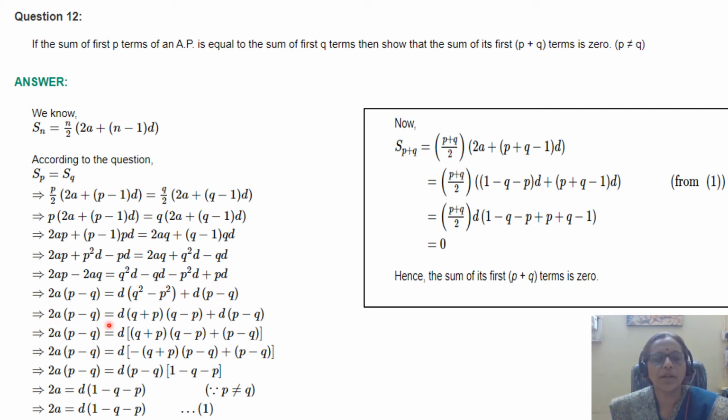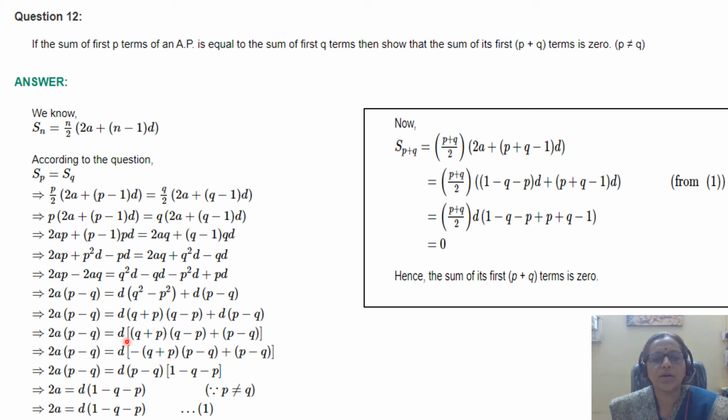Now first term left hand side as it is. In right hand side, first term d and q square minus p square can be written as q plus p, q minus p, using a square minus b square equals a minus b, a plus b, plus d, p minus q.